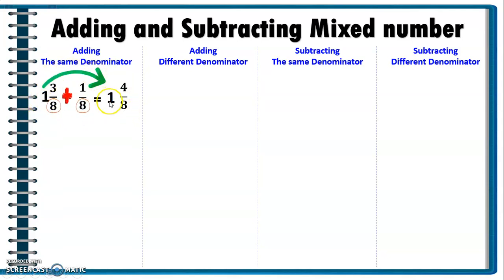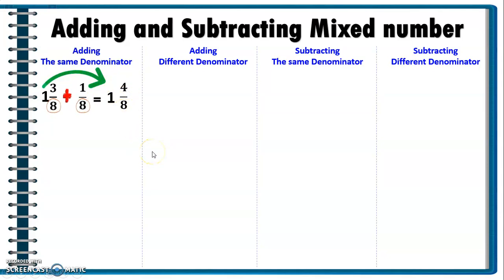So you have to put it here, and then 3 plus 1 is equal to 4. Then keep the denominator the same, which is 8. Therefore, 1 and 3 over 8 plus 1 over 8 is equal to 1 and 4 over 8.